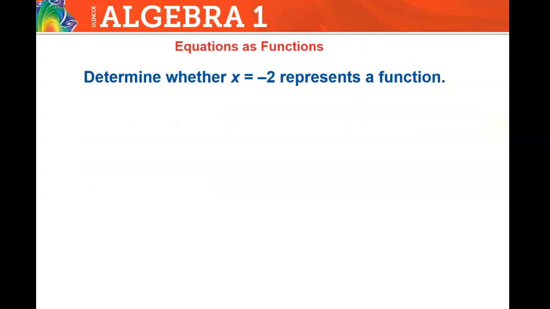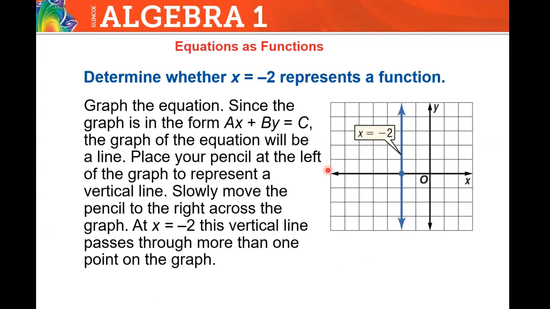Letter D. All right, so determine whether x equals -2 represents a function. Well, the easiest way to do that is to graph it. So here's my x and y plane. X equals -2. So what that means is everywhere you have a y value, your x value is always -2. So when y is 0, x is -2. When y is 1, x is -2. And so on and so forth.